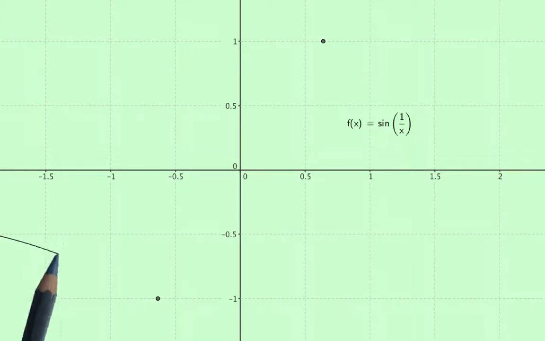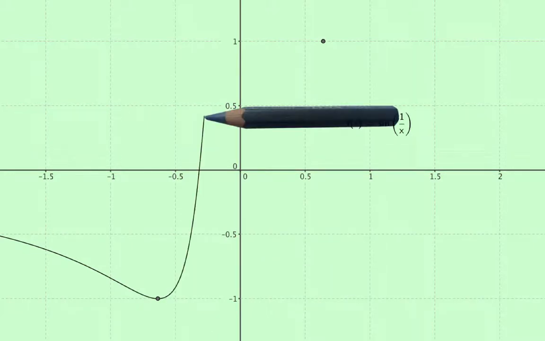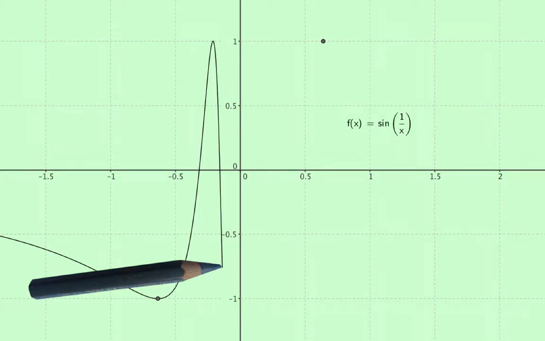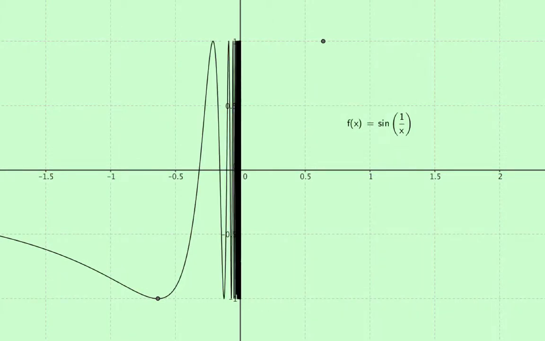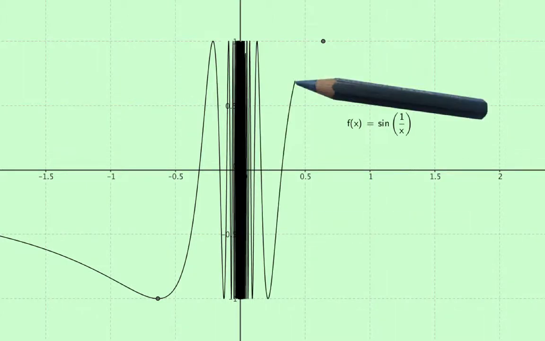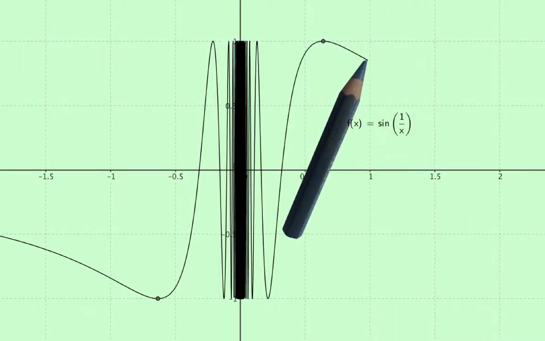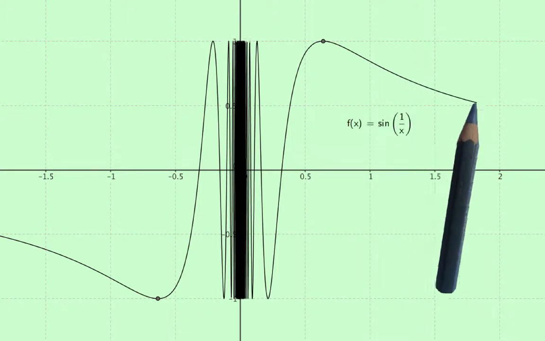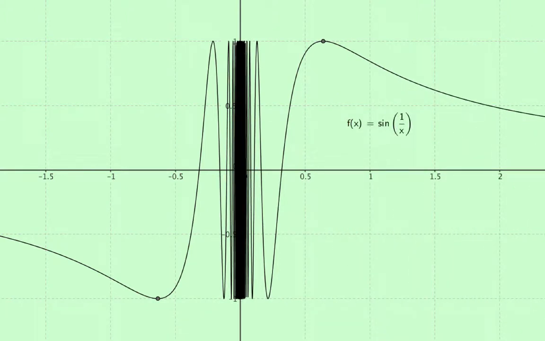So as I come in from the left and go towards the right, sine of x becomes minus 1 and then increases, becomes plus 1, and then goes back to minus 1, and then between plus and minus 1 it will oscillate very furiously before it finally goes to 0 at x equals to infinity.